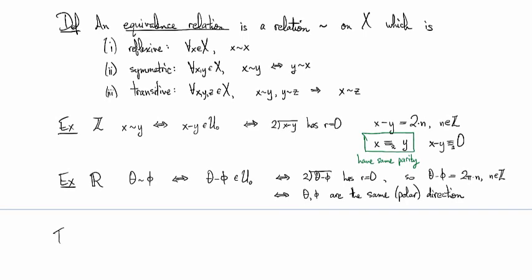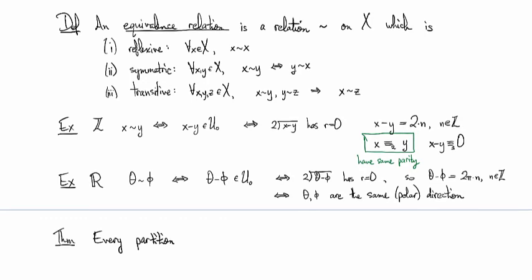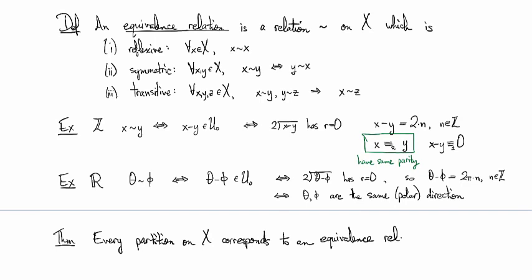The last thing I want to say about equivalence relations and partitions is that there's a relationship between them, and that is that every partition on X corresponds to an equivalence relation, and vice versa. So given an equivalence relation, you can use it to define a partition, and given a partition, you can use it to define an equivalence relation.